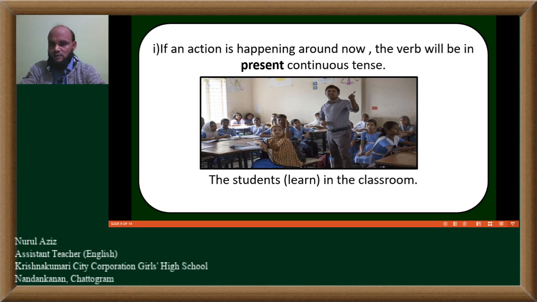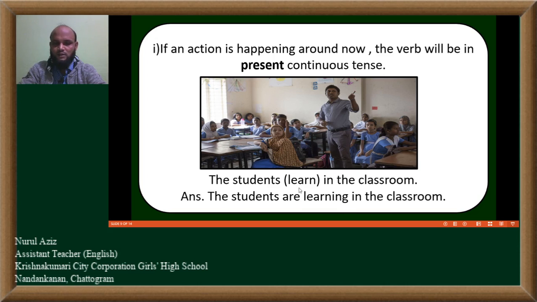This is the structure of present continuous tense. So we have to use this here. The students dash learn in the classroom. That means we have to write the students are learning in the classroom. The students here are a plural subject. So you have to add a plural be verb, are, plus verb plus ing. So the students are learning in the classroom.